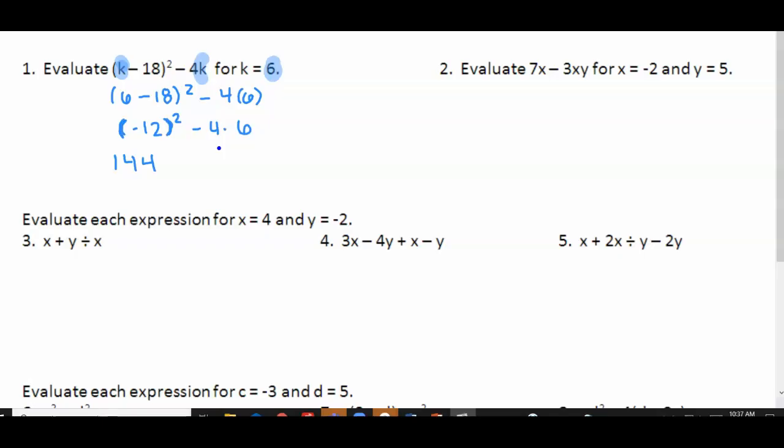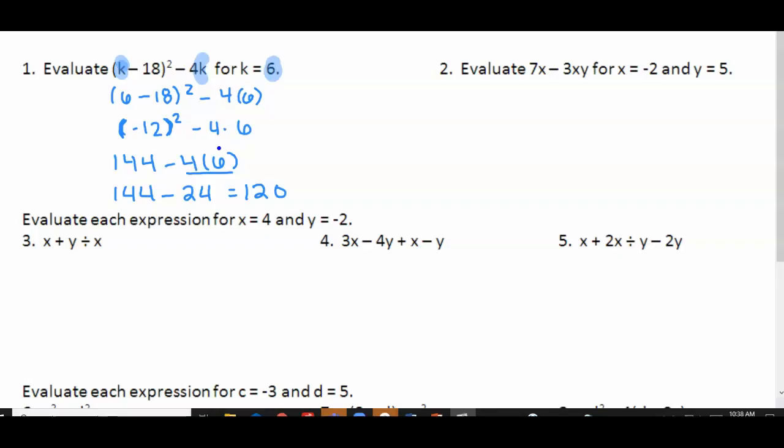If you are using the new calculators, you must have parentheses around the negative 12 so that it knows to square negative 12, which is a negative times a negative. Next, we multiply 4 times 6, which is 24, and 144 minus 24 is 120. So number 1 was 120.